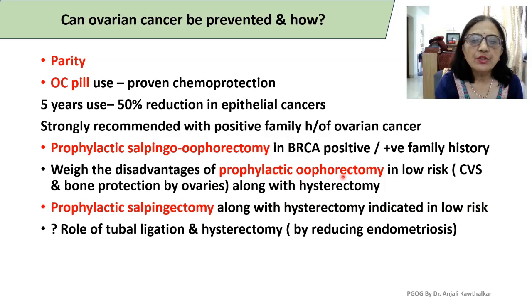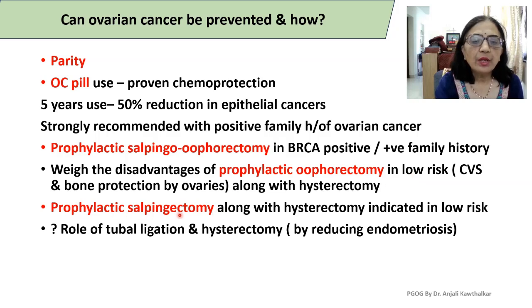The disadvantages of prophylactic oophorectomy are that the ovaries protect against ischemic heart disease and osteoporosis. That protection is lost. Postmenopausally, the ovary is not a redundant organ. We have to remember that it has a great role in providing cardiovascular and bone protection in the postmenopausal period. And that is the reason we have to properly counsel, and then only take a decision about prophylactic oophorectomy in the low risk group.